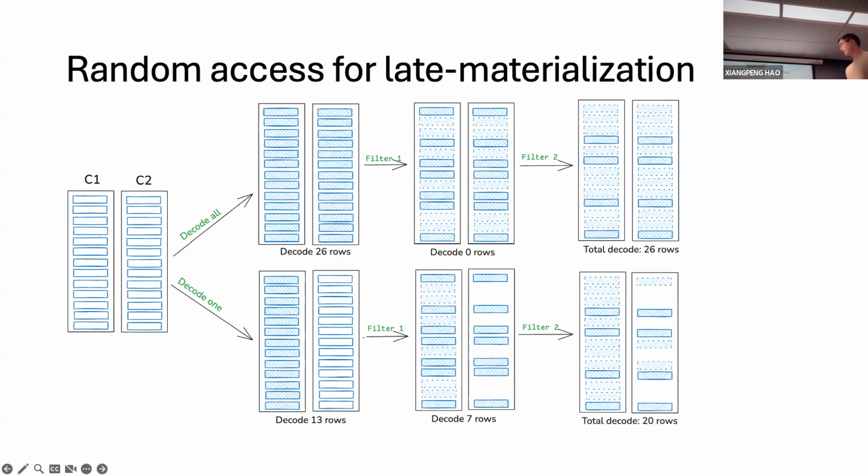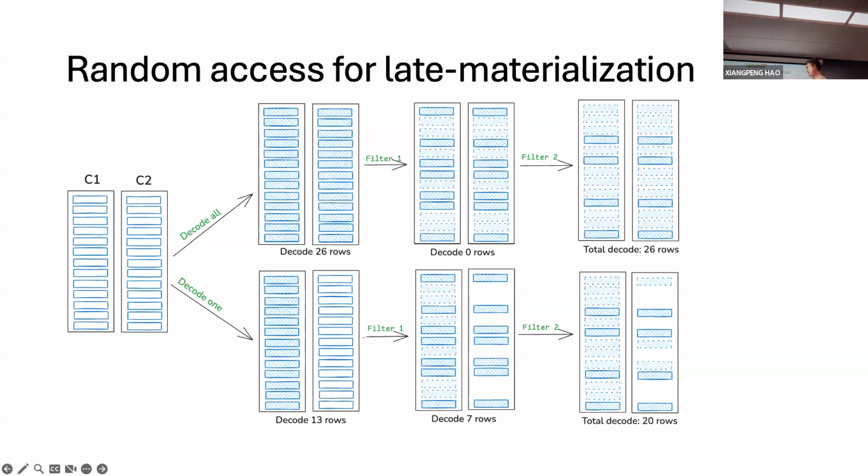This is also not a new technique, but it doesn't really work well on Parquet, because if we want to decode data in a Parquet file, you usually have to decode the entire page. So most of the time, if your selectivity is 50%, you basically have to decode every page.